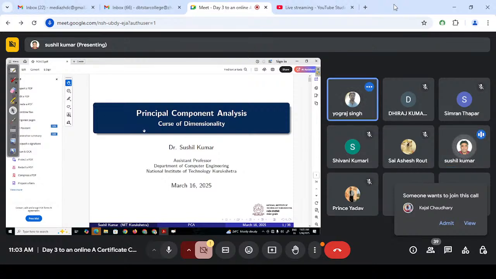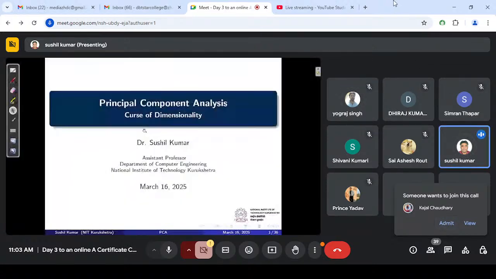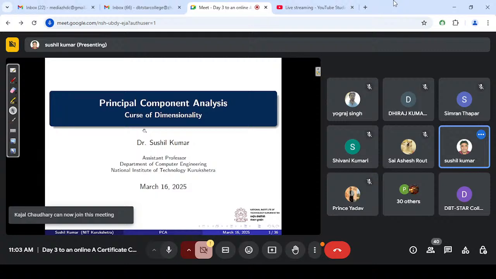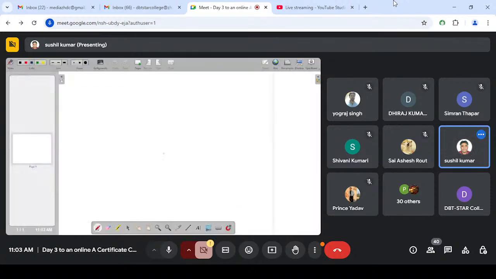So today we will discuss one technique in machine learning. Actually, we use principal component analysis. So here first we will discuss the curse of dimensionality.